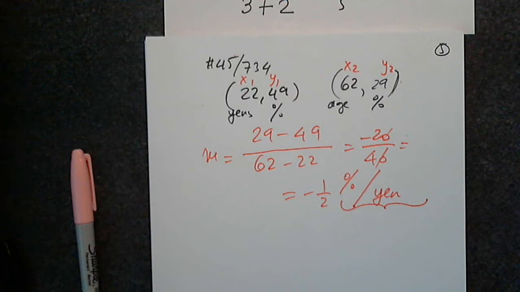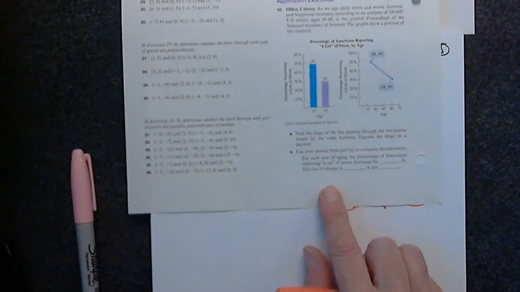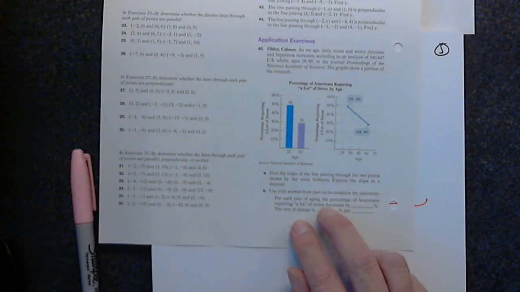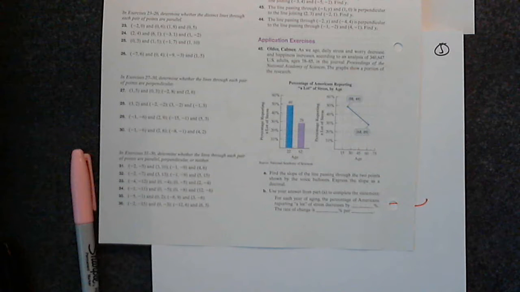So the interpretation is this, and we're going to fill out the sentence. Ready? For each year of aging, let's say from 30 to 31, or from 40 to 41, or from 45 to 46, the percentage of Americans reporting a lot of stress decreased by, what should I put in here? 0.5.